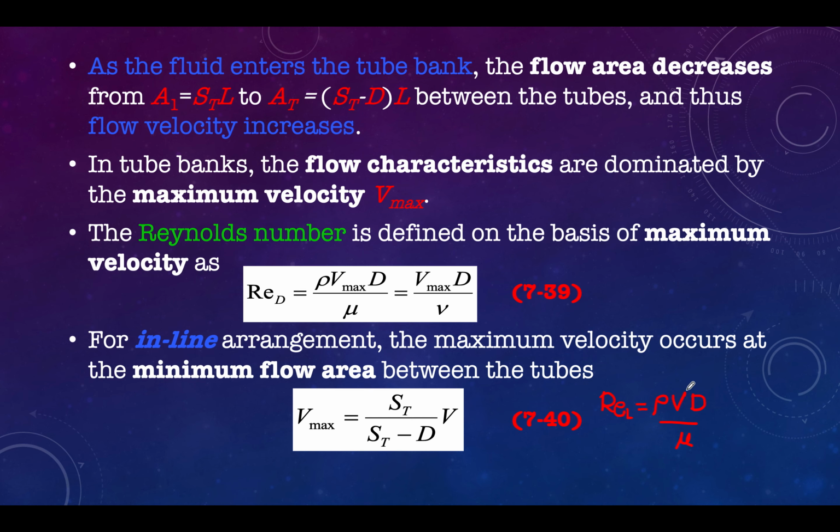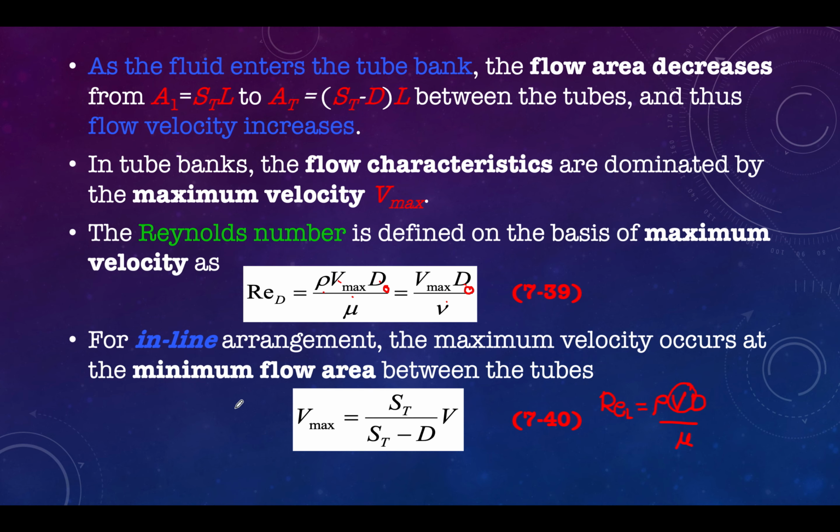Now the velocity will not be the velocity of the fluid flow; we change it to Vmax. So the equation becomes rho Vmax D over mu, where D is the outside diameter. In kinematic viscosity form, the equation becomes Vmax D outer over nu.